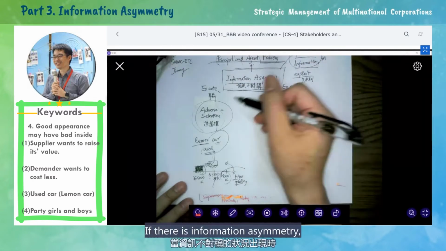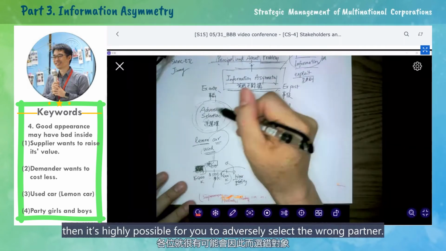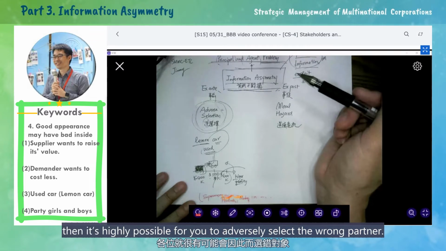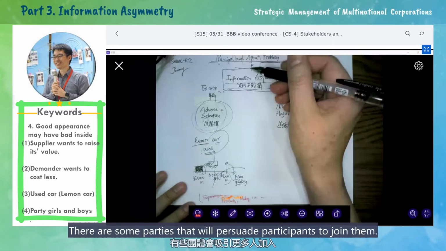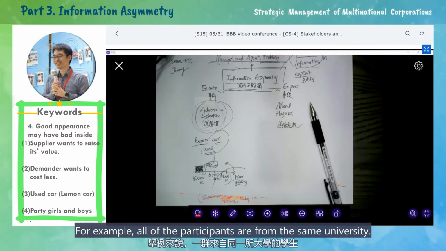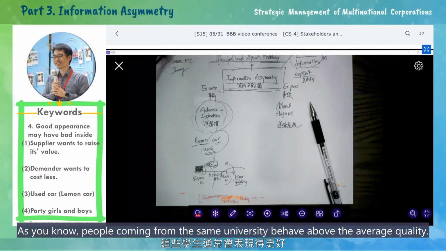Because there is high information asymmetry, it's very possible you would adversely select the wrong partner. Some parties will persuade participants to join them, and for example, if all the participants are from the same university, then people from the same university will behave above average quality.